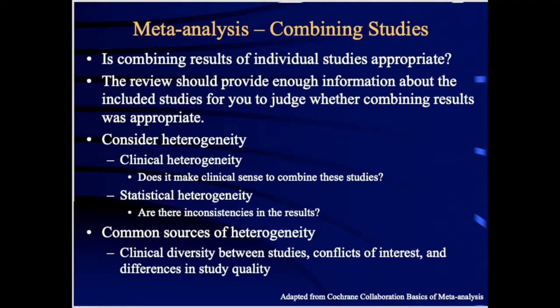Statistical heterogeneity evaluates whether there is inconsistency in the results among or between the included studies. We'll look at the Q and the I squared statistic to determine statistical heterogeneity. Common sources of heterogeneity include clinical diversity between studies, such as patient characteristics, settings, interventions, or outcomes, conflicts of interest, and differences in study quality.